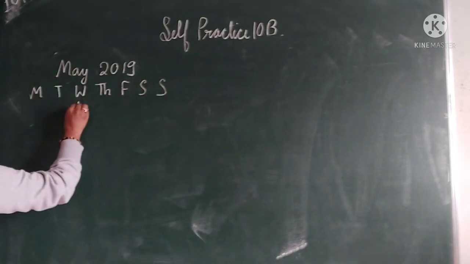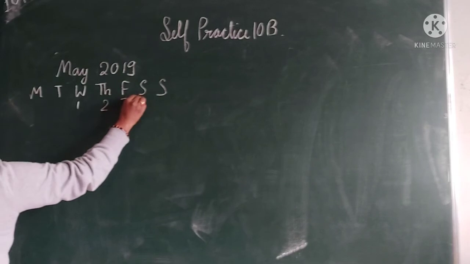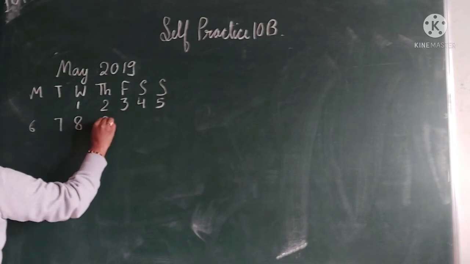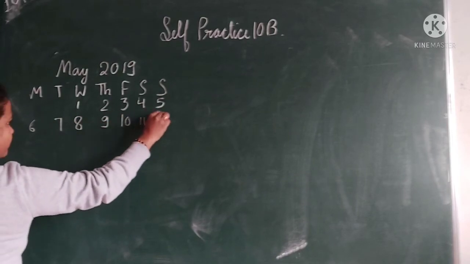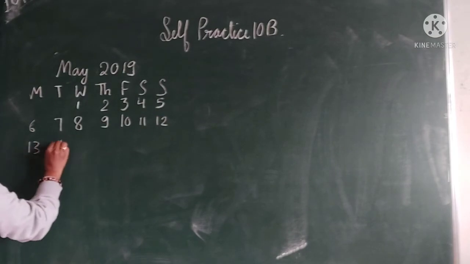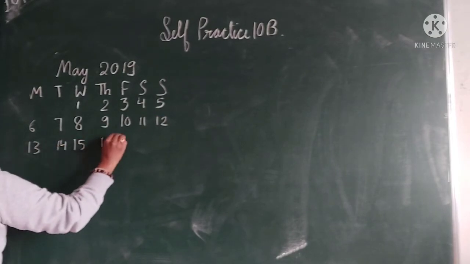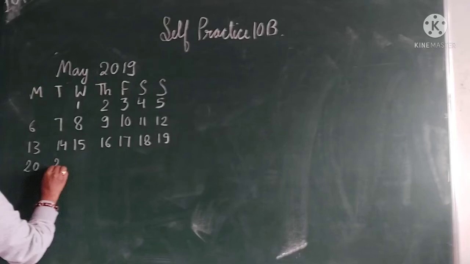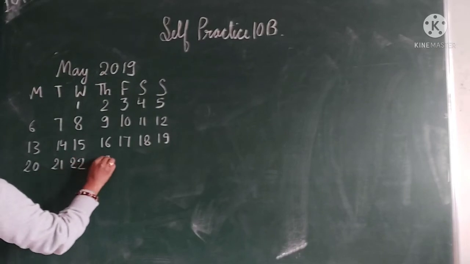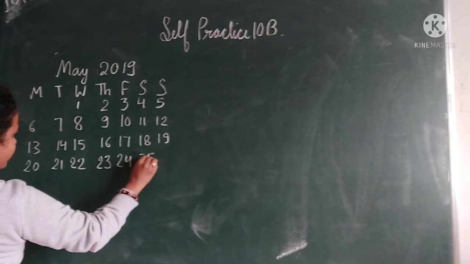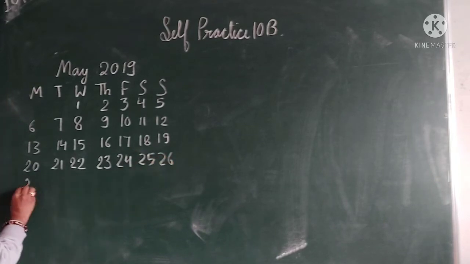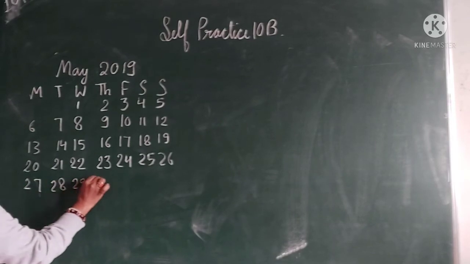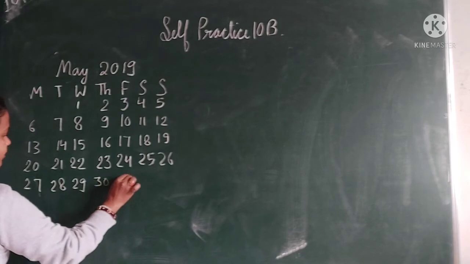Now from Wednesday 1 is there. 2, 3, 4, 5, 6, 7, 8, 9, 10, 11, 12, 13, 14, 15, 16, 17, 18, 19, 20, 21, 22, 23, 24, 25, 26, 27, 28, 29, 30, and at last 31.